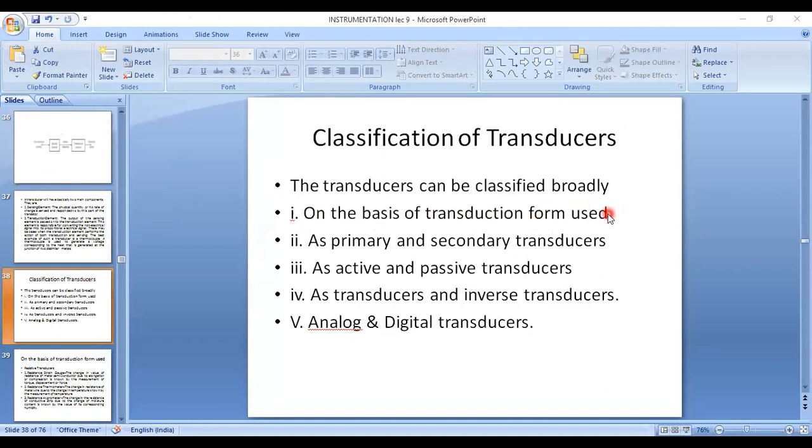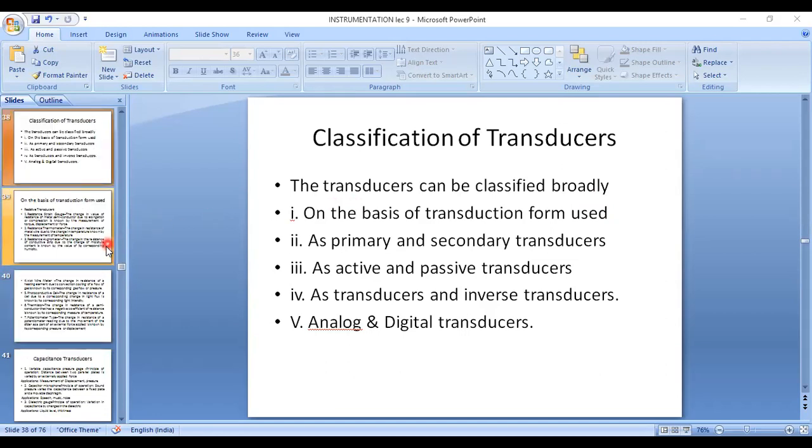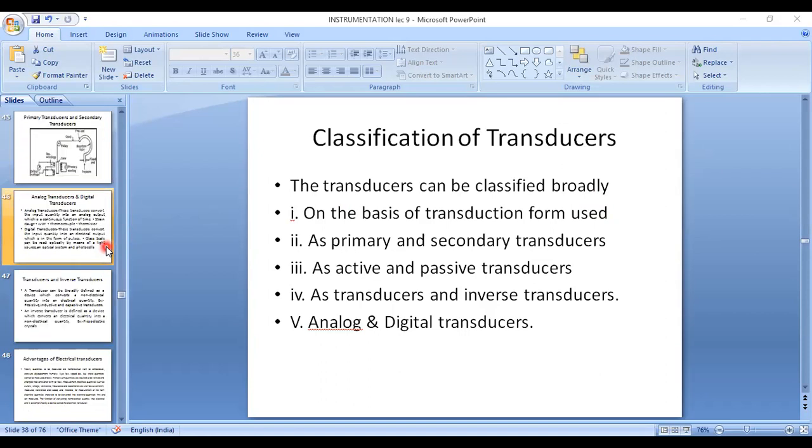In my last class, we saw capacitor transducers and various applications in which we use them, the advantages, principle of operation, disadvantages, and so on. Today we're going to deal with resistive type transducers.